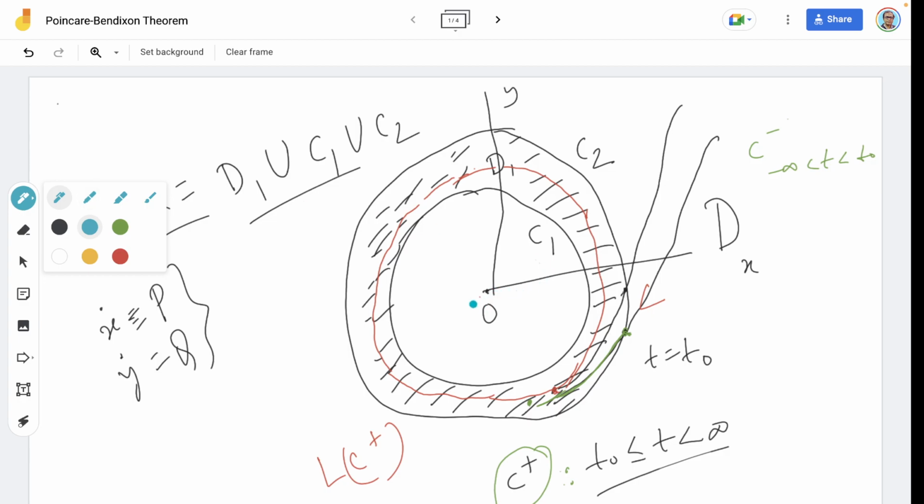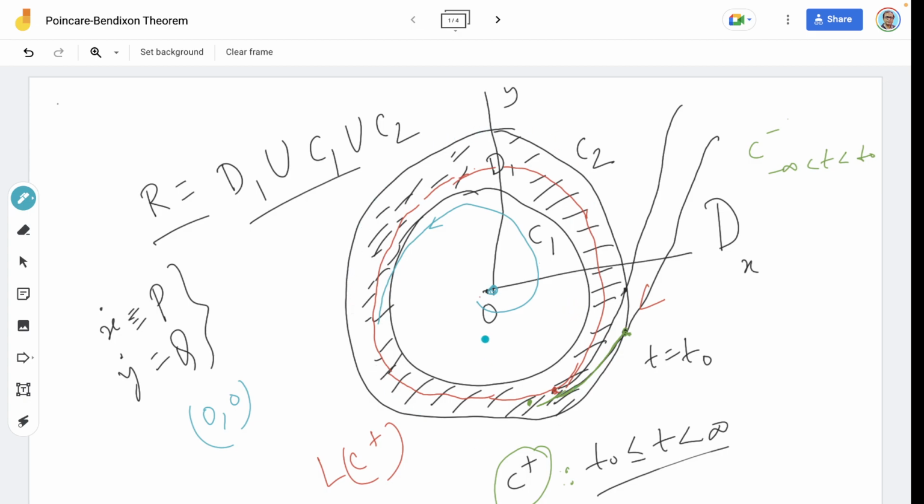So within this region R, we get a closed path LC plus. This closed path exists if in this region R there exists no critical point of the system. We consider only 0, 0 as the only critical point, so within this region R there is no critical point.